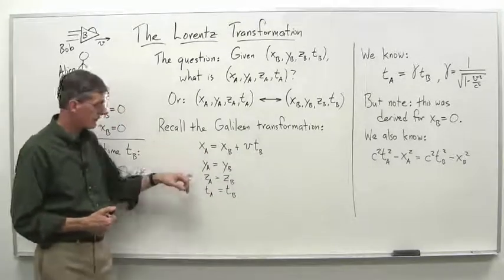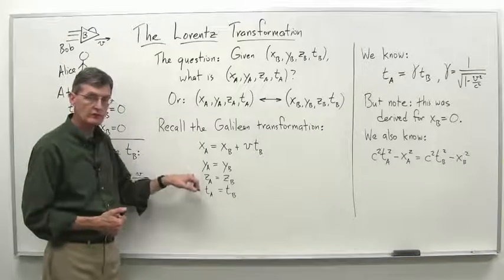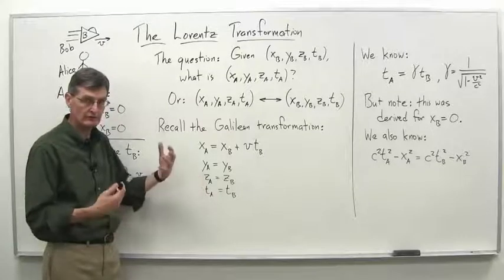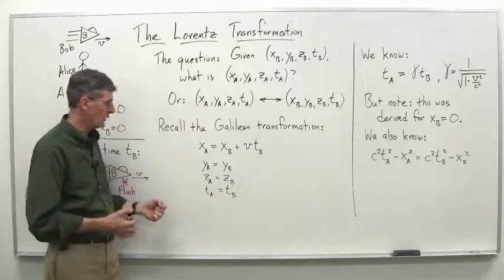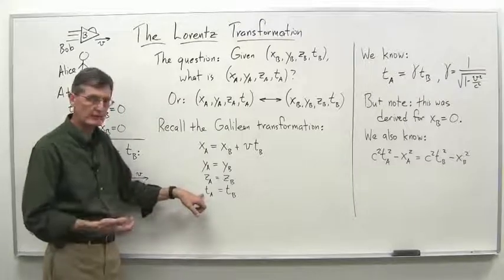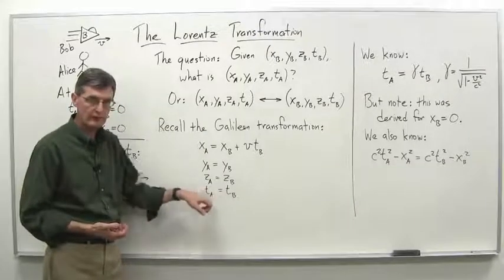And then, of course, the y and z dimensions remain the same. They're not changing, and we essentially have ignored them in most of our examples, but to be complete, you could put those in here. And a key thing for the Galilean transformation is that time was the same in both frames of reference.